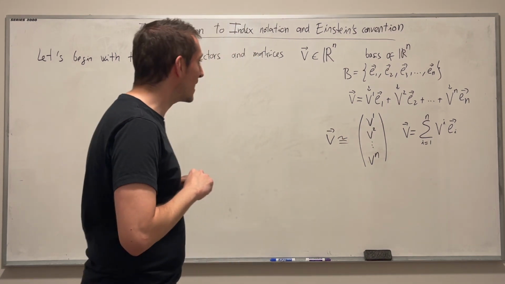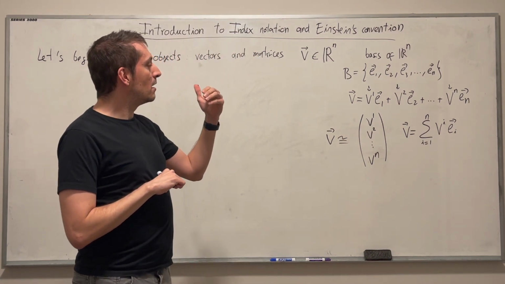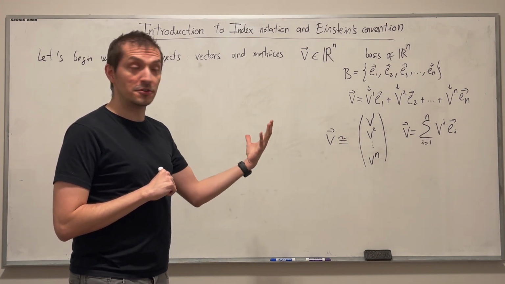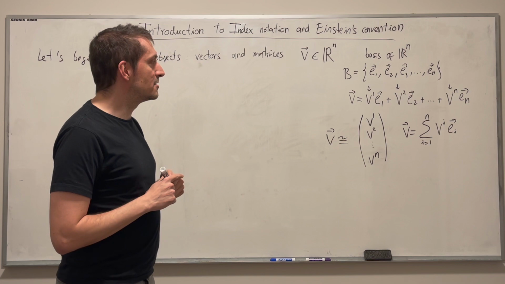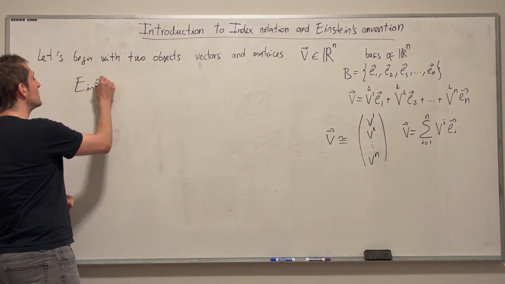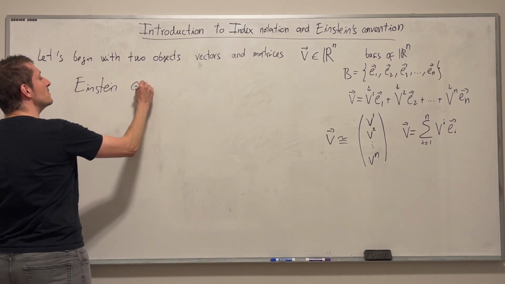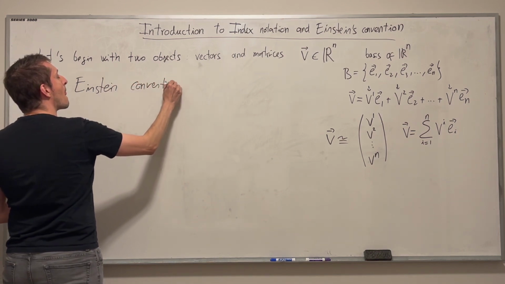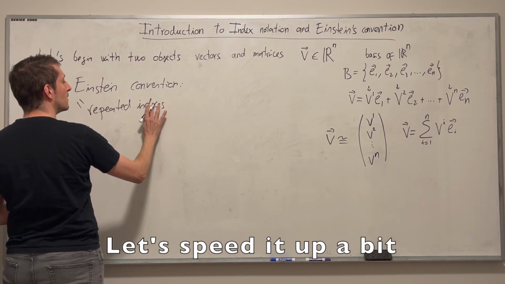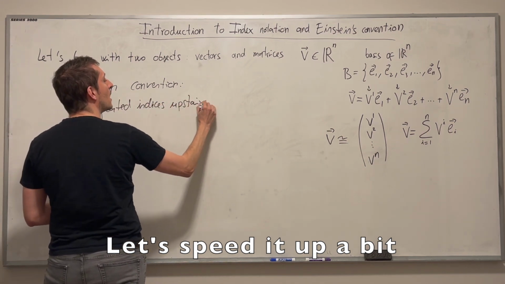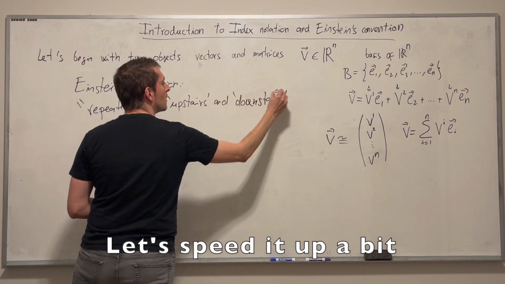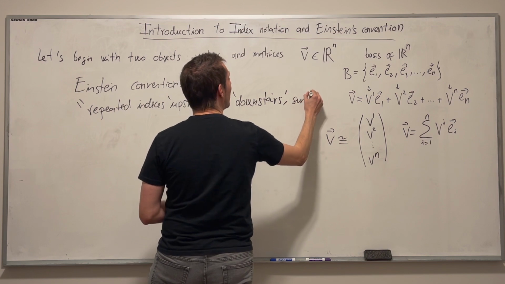Anyway, let's first define the Einstein summation convention. What is it? Einstein convention says: repeating indices, upstairs and downstairs only, sum.